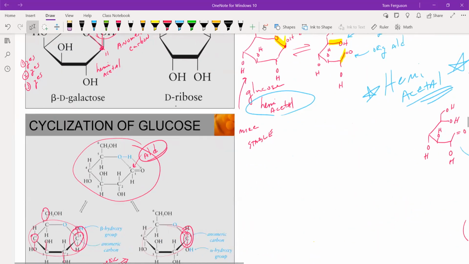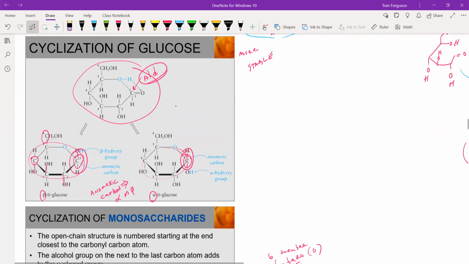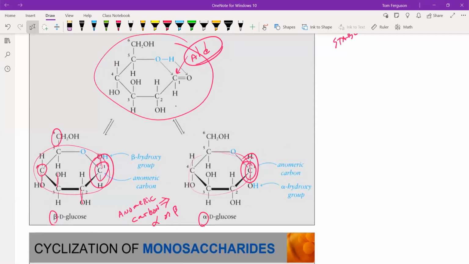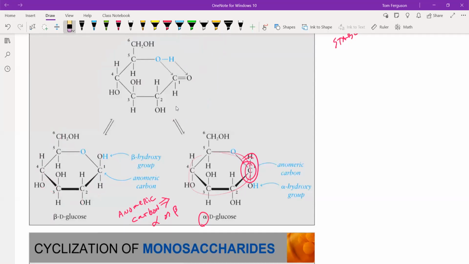Okay, so when the ring opens, it can then go either this way or that way.